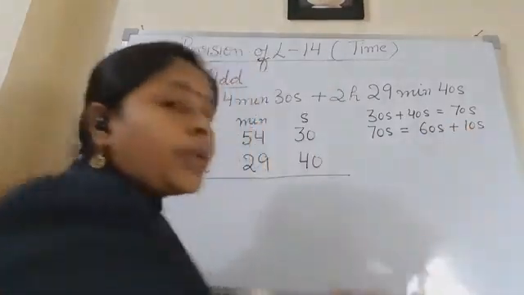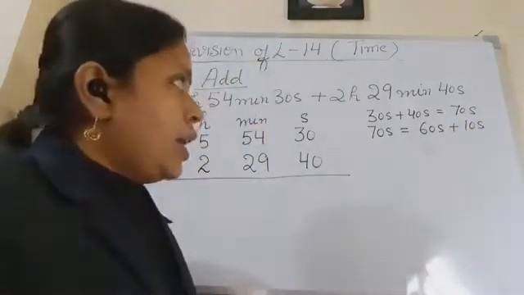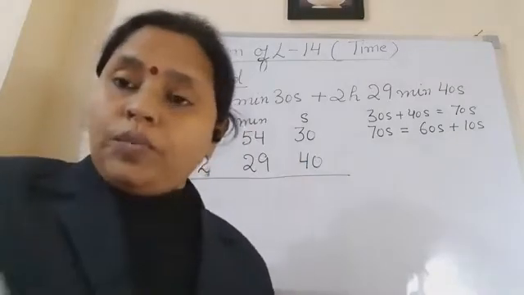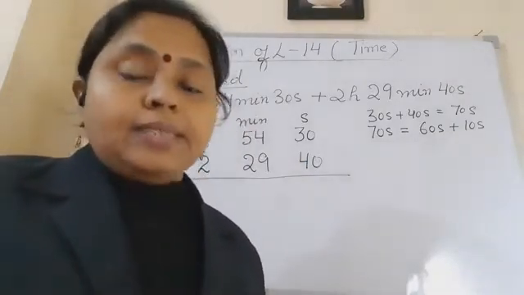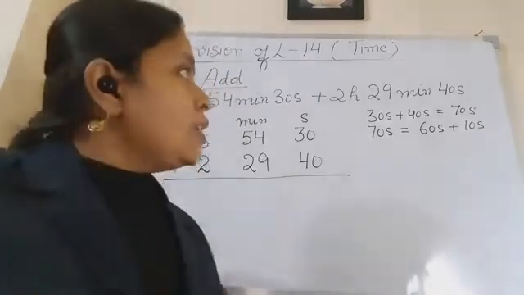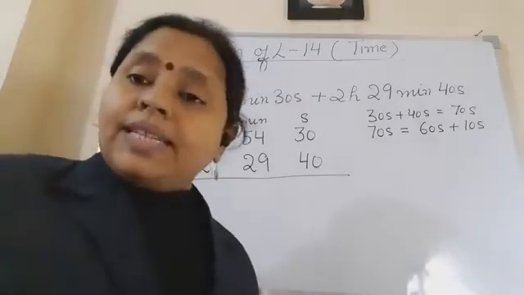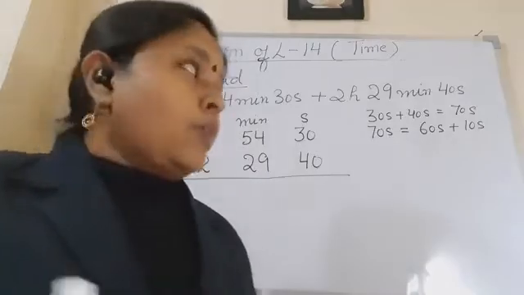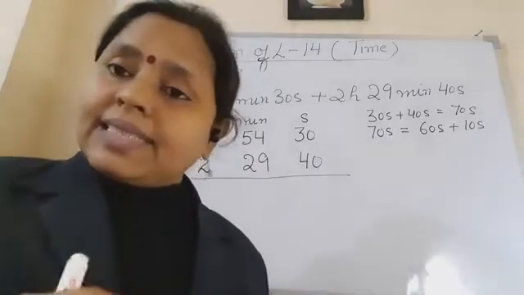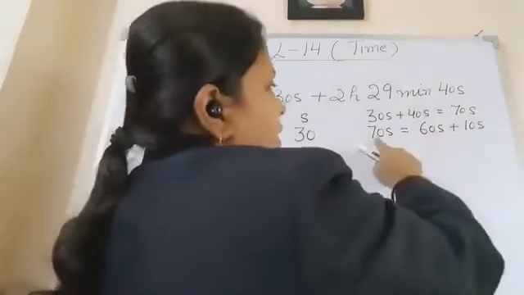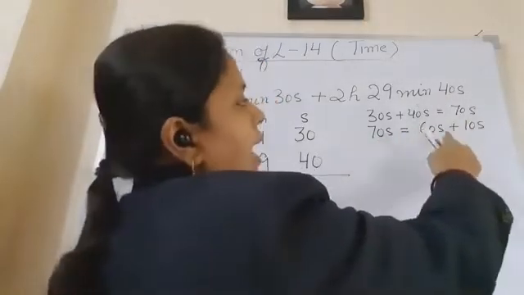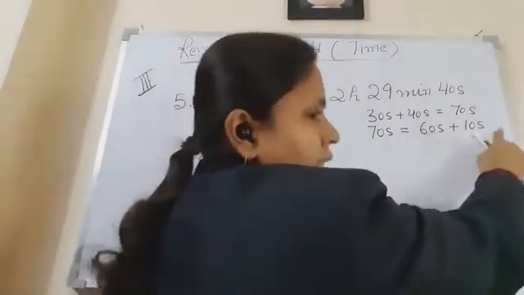Or you can do one more thing: if you want to change seconds to minutes, you divide seconds by 60. You can do that, or you can do it by regrouping, that is, you write 70 seconds as 60 seconds plus 10 seconds.